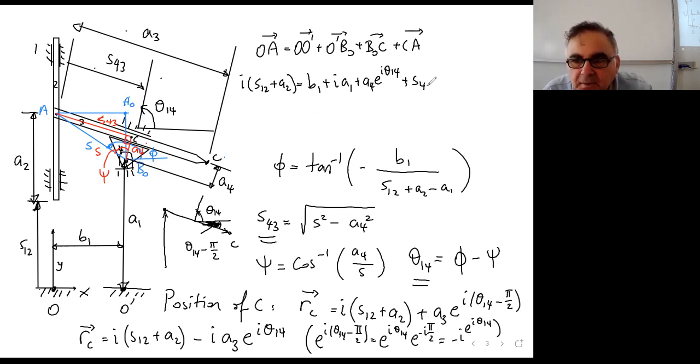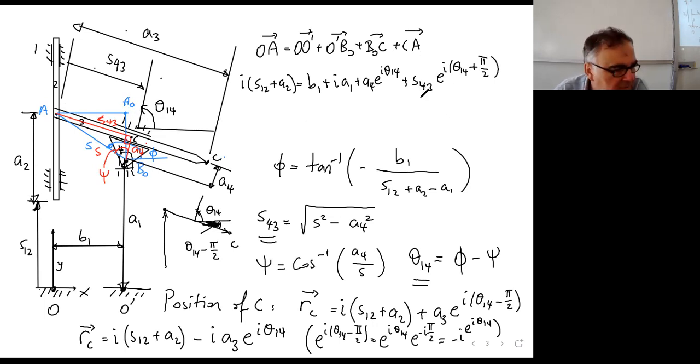S43, this one, S43, in the negative direction, e to the i theta 1/4 plus pi over 2. Theta 1/4 plus pi over 2 is the angle of CA, as you see.